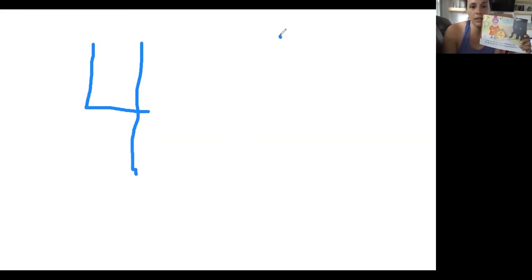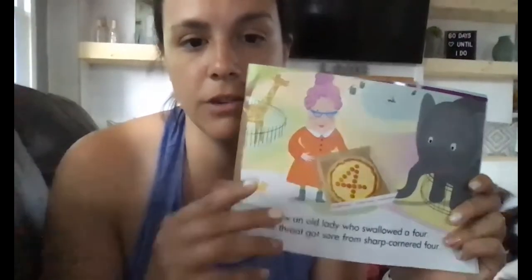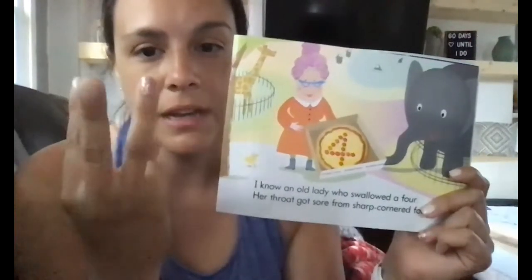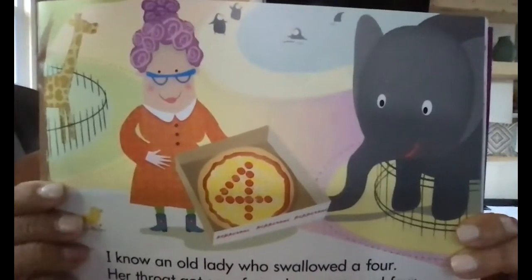So it looked like this. It kind of looks like a flag. It's a very crooked 4. But it looks like a flag. So 4. I don't remember if we counted. Let's count again if we did. 1, 2, 3, 4. See if you can find the flag kind of 4.